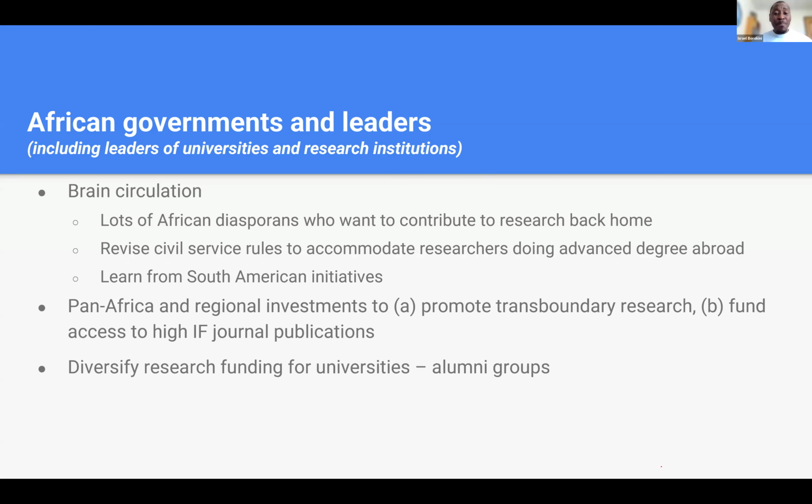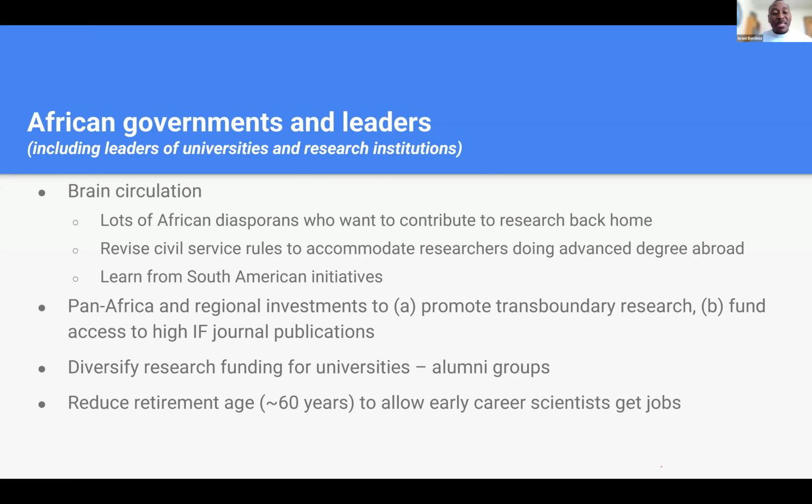Almost every African university depends on their local government for funding. How about the alumni groups? In fact, even in the US, a huge amount of funding that goes to universities comes from the alumni groups. Why are African institutions not pursuing their alumni groups, especially the rich, successful people who passed through the universities, who can fund research in their alma maters?